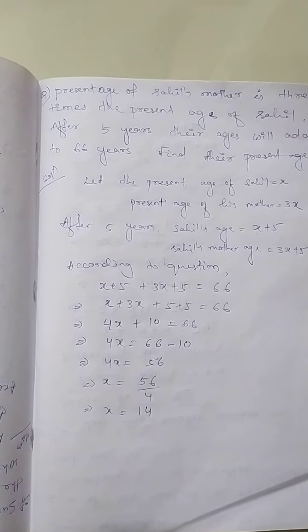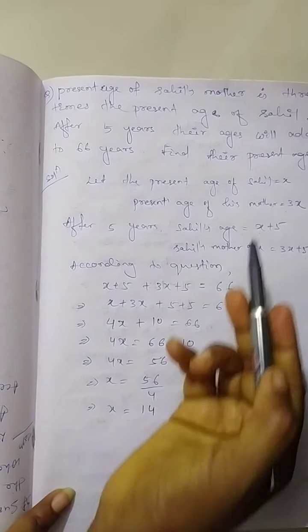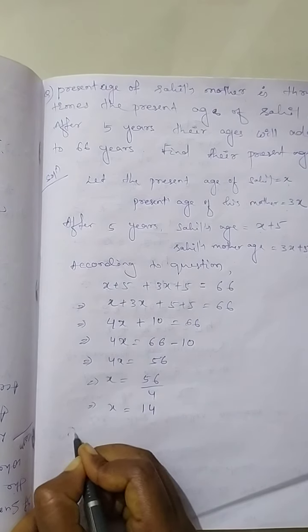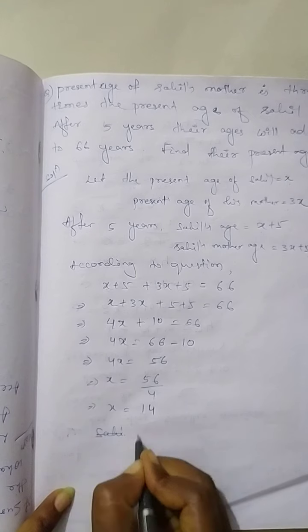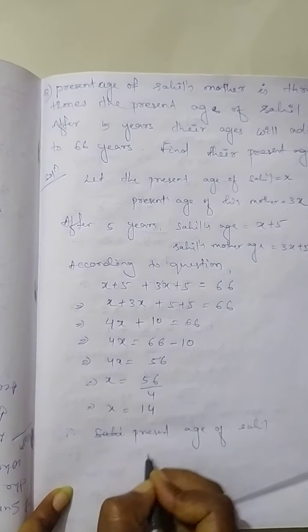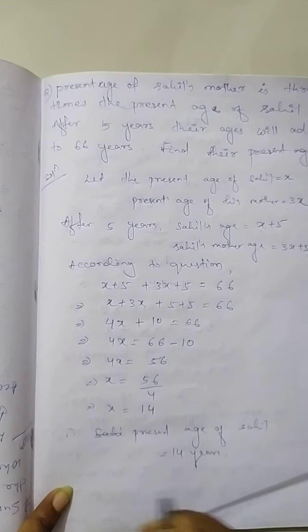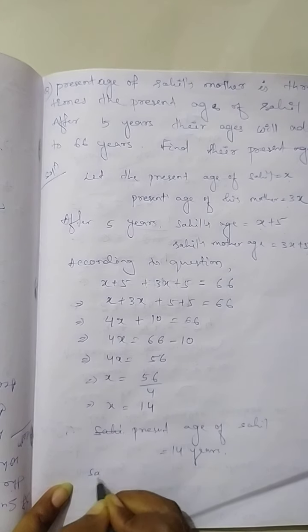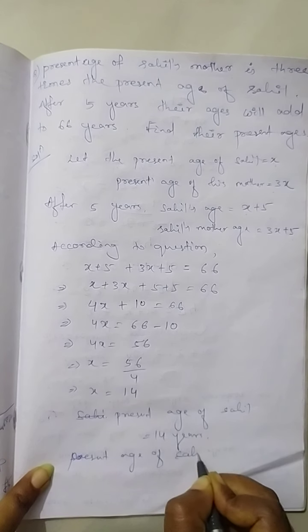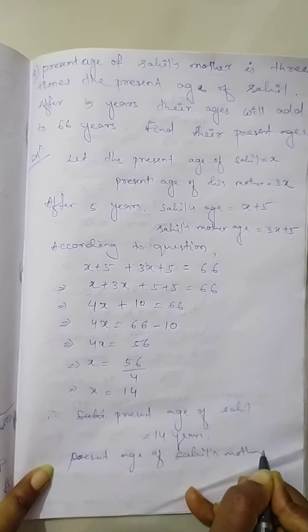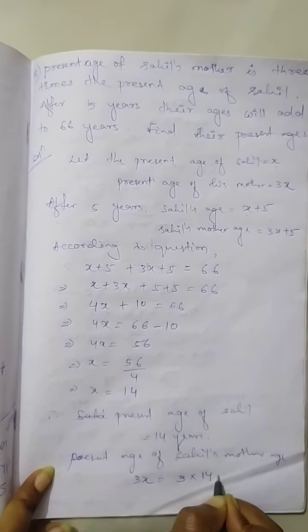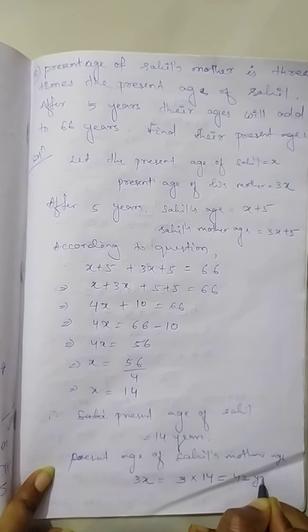So Sahil's present age, which we took as x, is 14 years, and the present age of Sahil's mother is 3x, that means 3 into 14 equals 42 years.